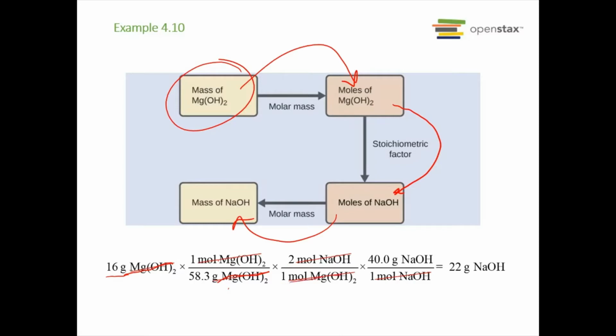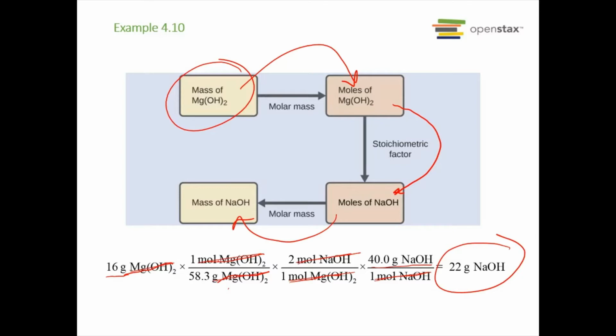So magnesium hydroxide cancels, that's on the bottom. Sodium hydroxide's on the top. Now we need to go from moles of sodium hydroxide to grams of it. So to do that, we have to use the molar mass. 40 grams of sodium hydroxide for every 1 mole. Our moles cancel. We're left with 22 grams of sodium hydroxide.